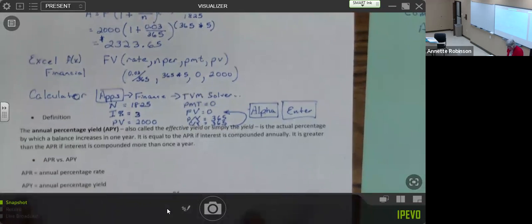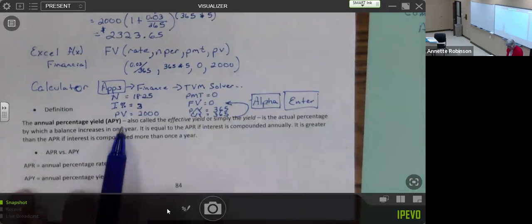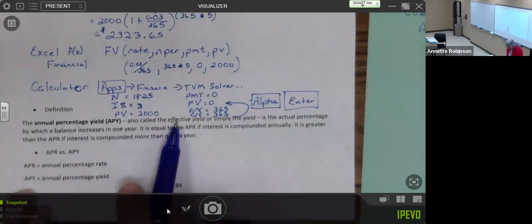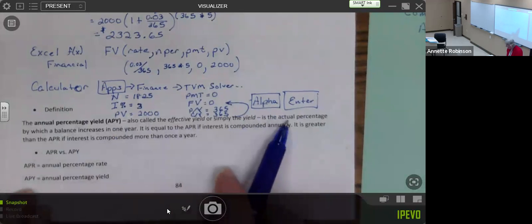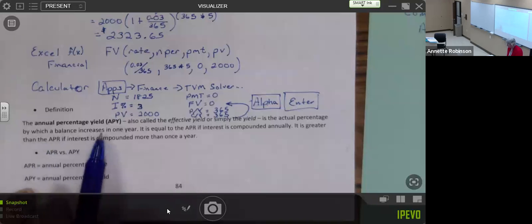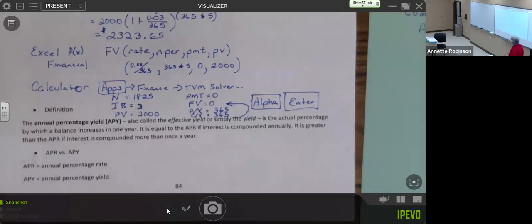Now, the annual percentage yield, APY, also called the effective yield or simply the yield, is the actual percent by which a balance increases in 1 year. It is a little bit different than the APR because of rounding when they give you back your interest each time they're going in your account.